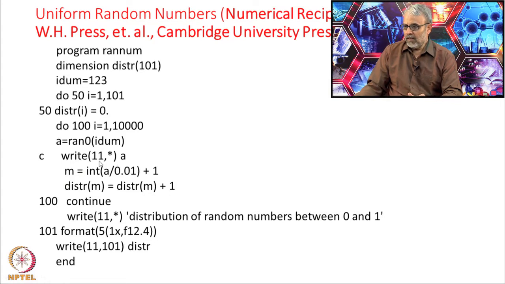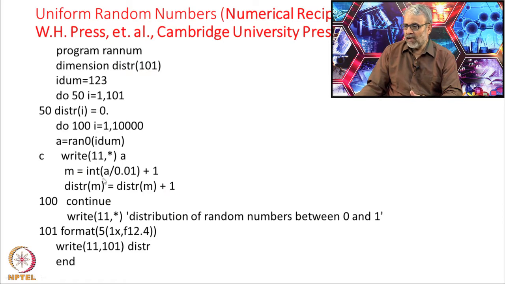For example, suppose the random number was 0.5. Then m is equal to 0.5 divided by 0.01, that will be 50, and I add 1. So, from that 0.5 I get the number 51, that m will be 51. The 51st box will be incremented by 1.